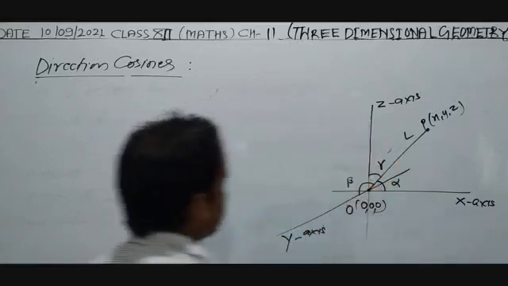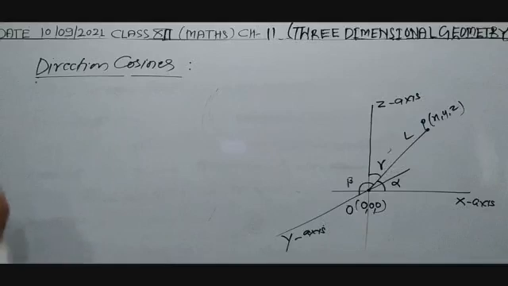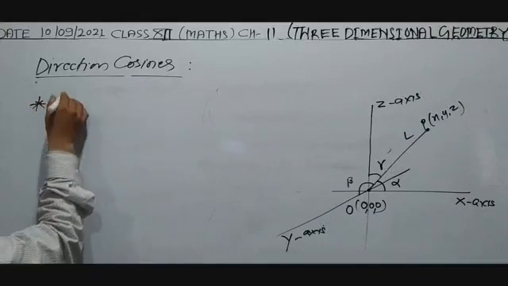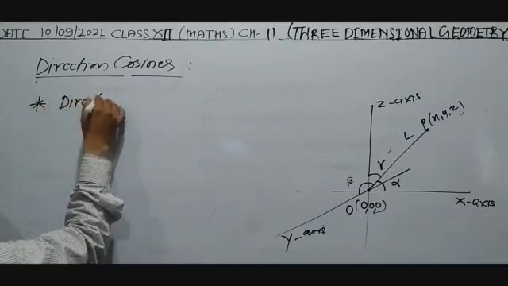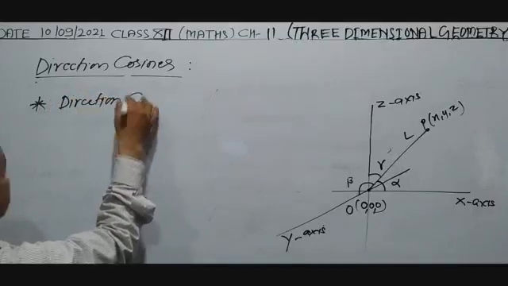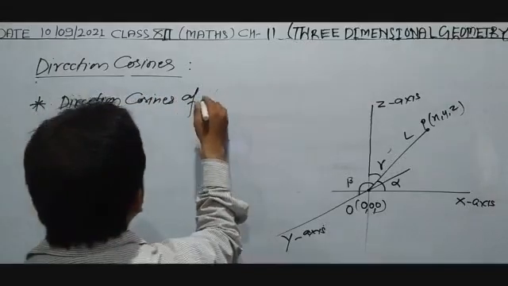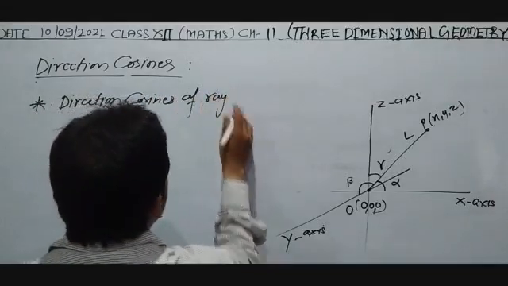Note point: suppose we consider direction cosines of a ray.